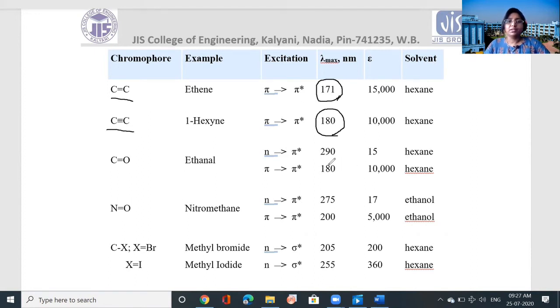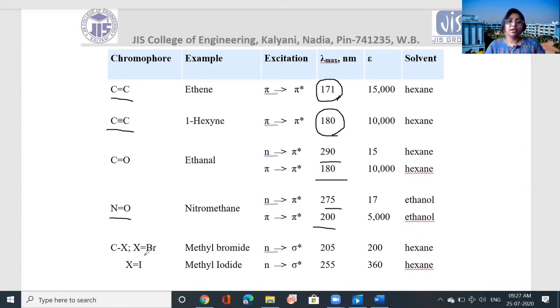If it has this energy level, we can say that the C double bond O group remains. Based on the wavelength, we can tell which group is there, like an NO group or another group.